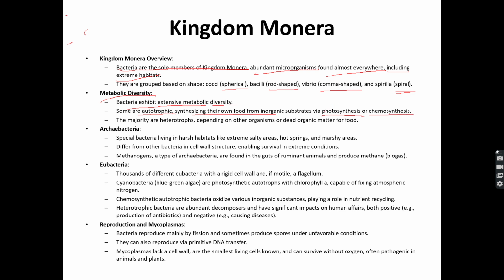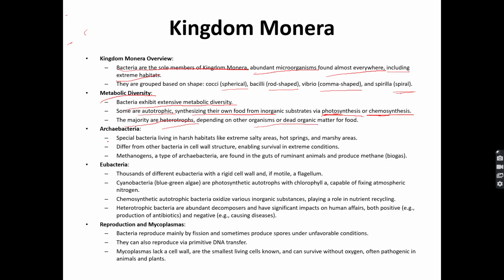That means they can use light for their food synthesis, or they can use chemicals for their food synthesis, especially sulfurous chemicals like SO2. The majority are heterotrophs. That means they depend upon other organisms or dead organisms for their nutrition or food.